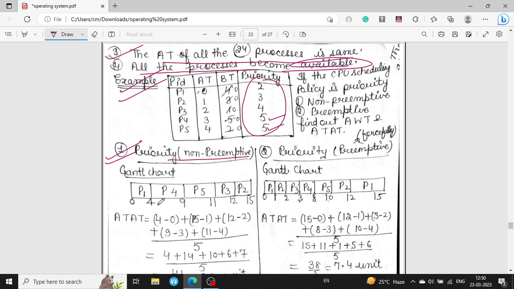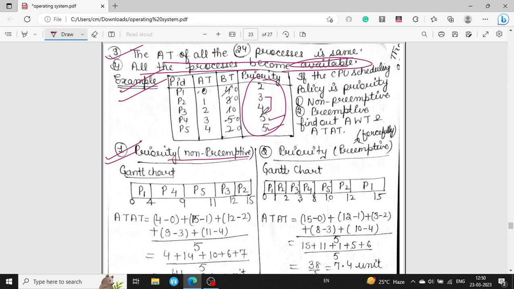So that's why we will write here P4 and it will use 5 seconds CPU, and after that it releases the CPU. Then we write P5 because second preference is given to P5 after the P4, and 9 plus 2 is 11, and after that who will remain? P2 and P3.